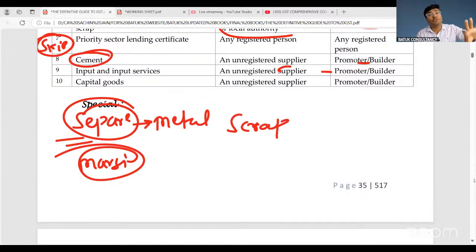If you buy it separately, then the product rate will be applicable. If you are buying only the battery from the market, then only the product rate will be applicable. If you are buying in conjunction, what did I say? If you are buying two or more supplies, only then will the question of composite supply arise.